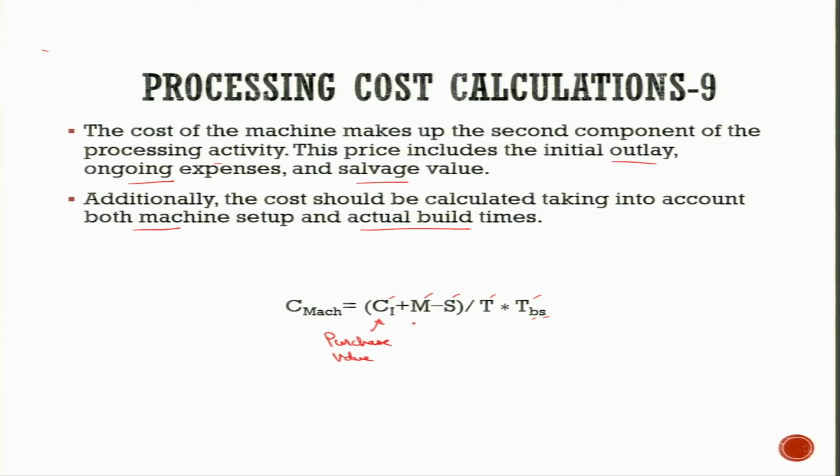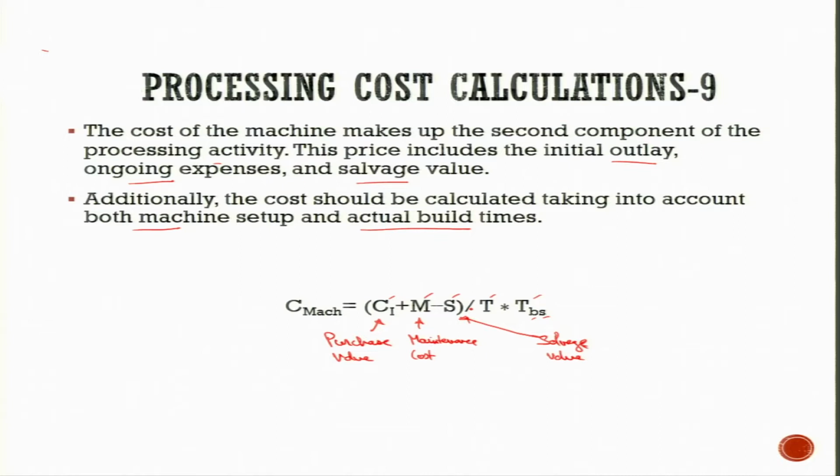Then we have the maintenance cost. Then we have the salvage value, which is subtracted from the sum of the machine cost, that is the initial investment cost, and the maintenance cost.